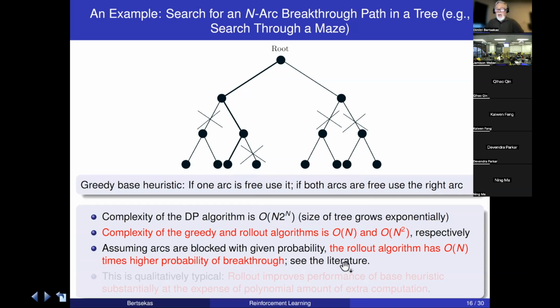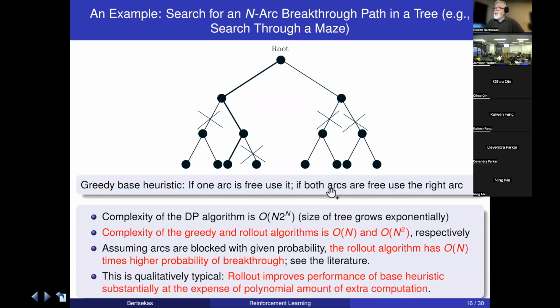And the analysis of this takes a couple of pages, but you can find it in the literature, and there's a reference in your class notes. The point I want to make here is that it's a qualitatively typical situation. Rollout improves the performance of the base heuristic quite a lot at the expense of a polynomial amount of extra computation. Rollout does multiple calculations using the base heuristic.